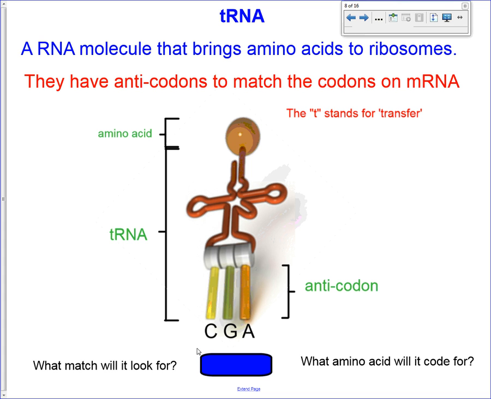For example, on an mRNA molecule, this will match up with a codon that spells out G, C, and not thymine but uracil, so GCU. With this codon, you can use the chart from the previous page to determine what amino acid it codes for, and it is alanine.